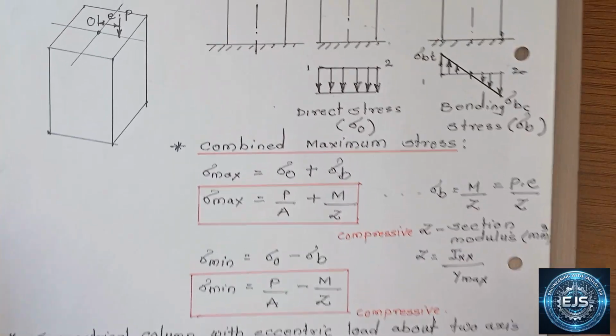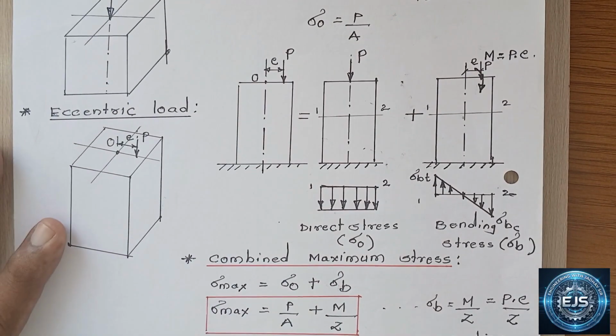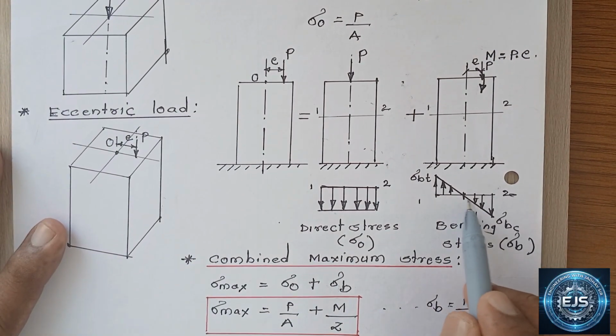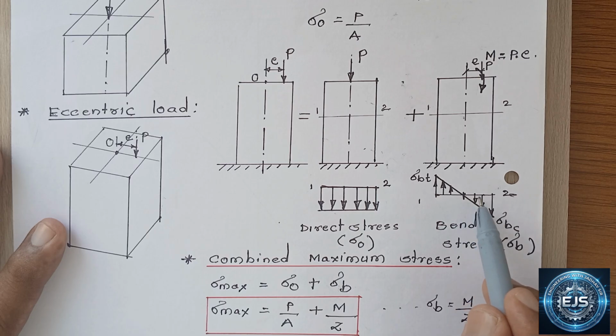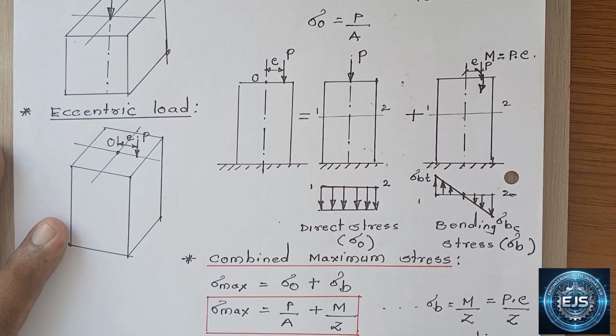We know bending stress is directly proportional to Y, and Y is maximum at the outer surface of the column. At the centroidal axis, the bending stress is 0 because Y is 0, and as we go towards the outer surface, Y increases, therefore the bending stress magnitude is maximum at the outer surface.